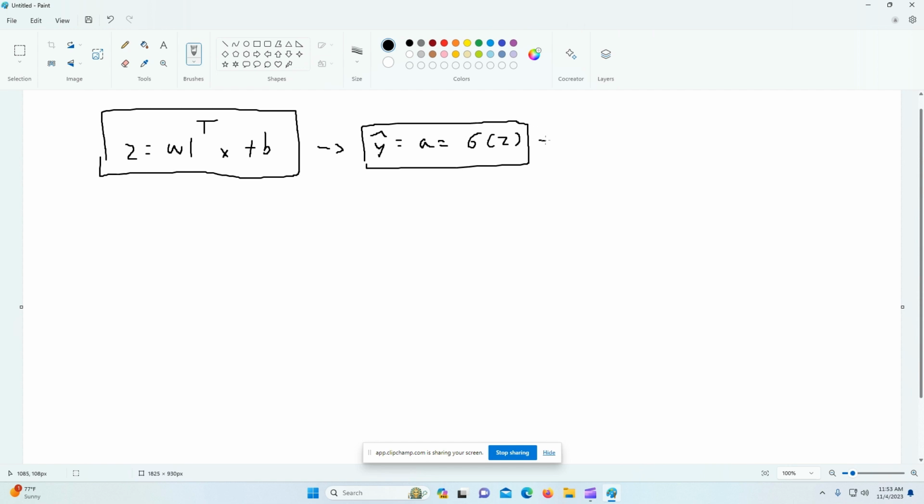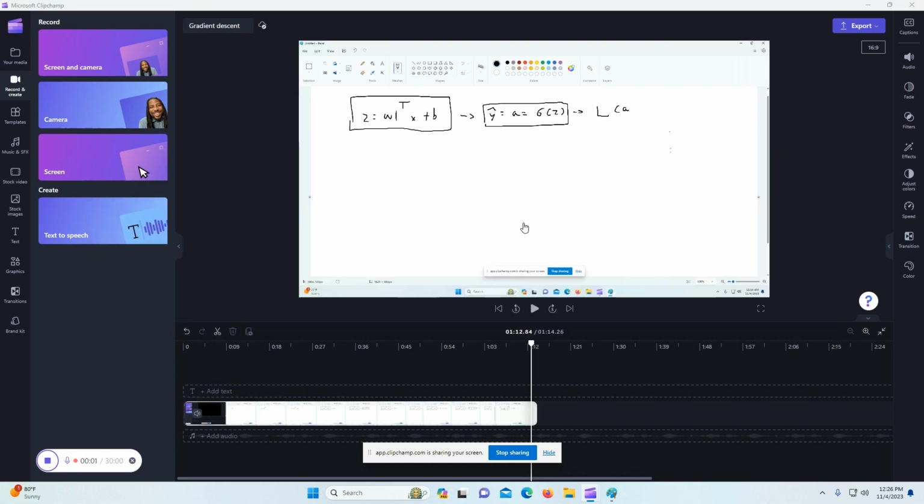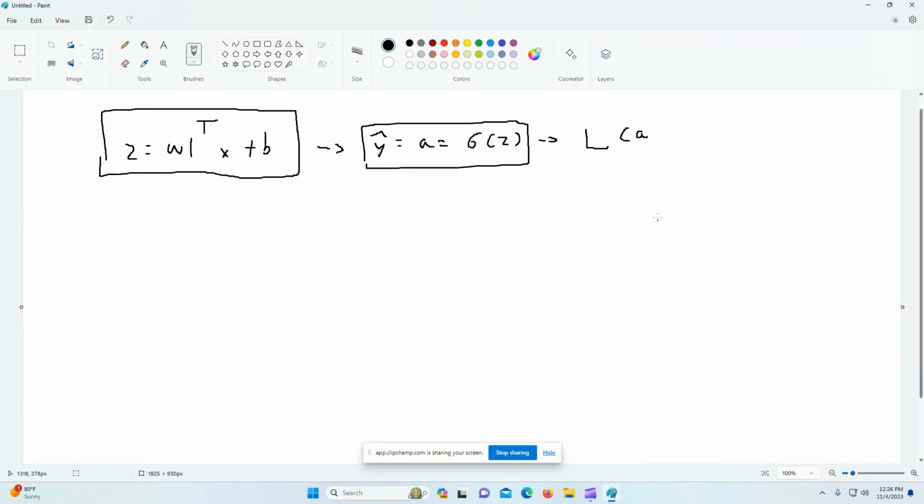Then we're going to take the loss of a, which is the sigmoid of our prediction, and y. I showed the loss formula in the last video, if you forgot that. So this is pretty much what's going to happen.